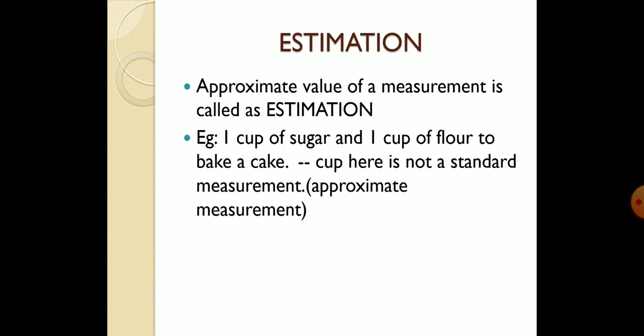We are not going to use the same standard cups. Take the example of a tumbler: the size of the tumbler at your house would be different from that of my house, but we can take that as the approximate quantity. That is the estimation.